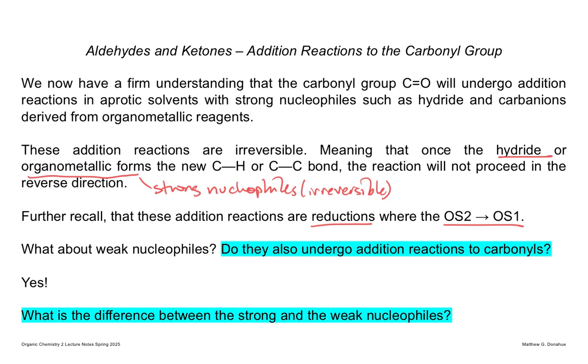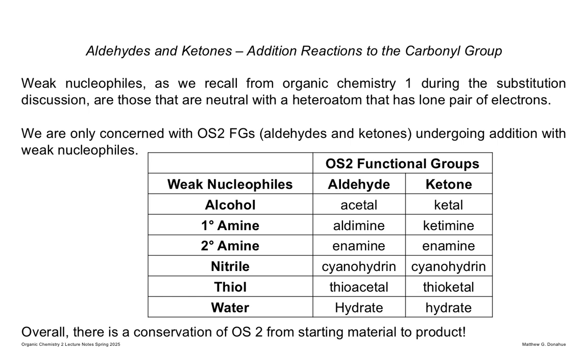And so what is a weak nucleophile? And what are the names of the functional groups that they form? So in this table, on the left, or the first column, are the functional group names of weak nucleophiles. Notice the thing about them is they're all neutral.